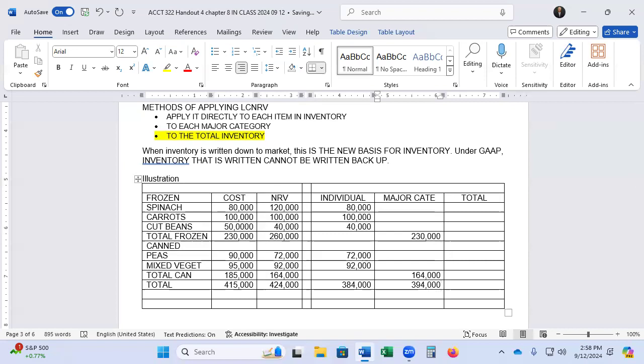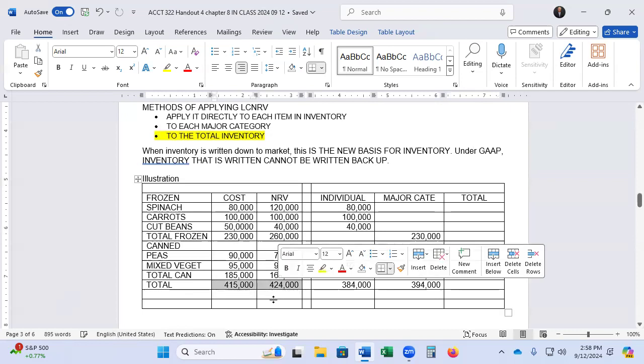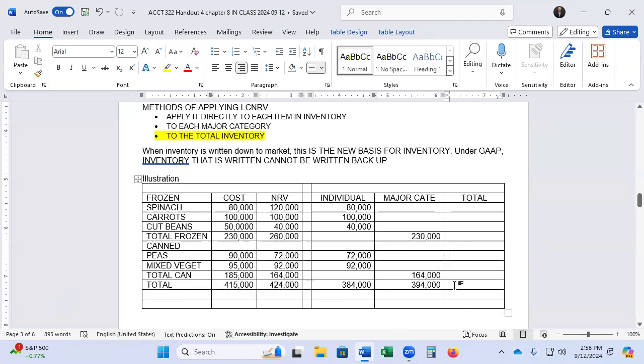That's typically what you'll see when you start to use the major categories and the totals. You'll see that number climb back up towards where our cost is, because there's more to offset it. And then the other thing you do is you look at it in total, in which case you just take the lower of those two, which is 415,000.